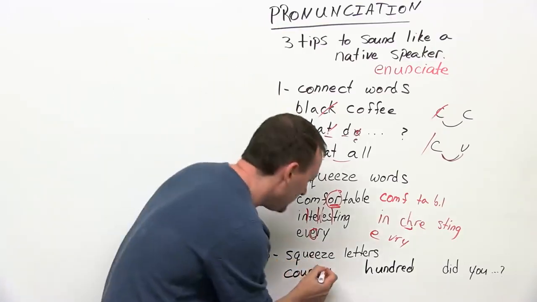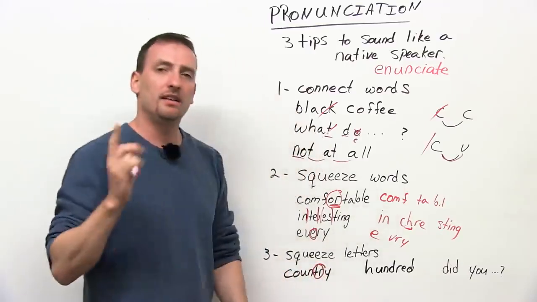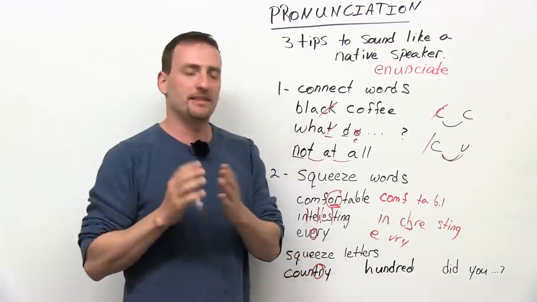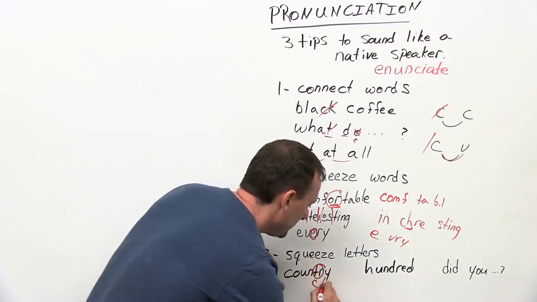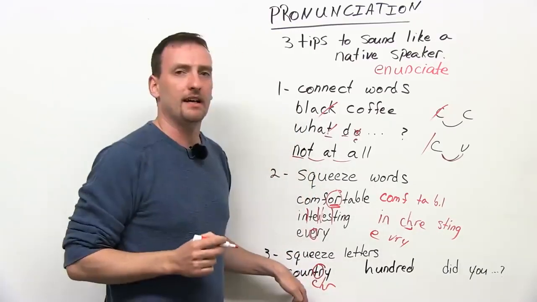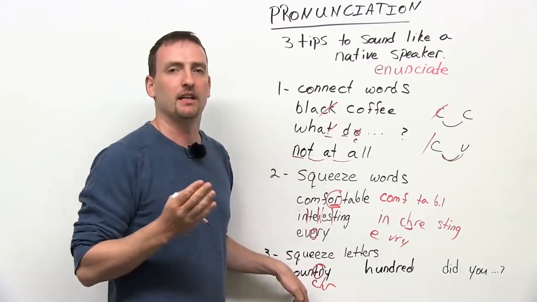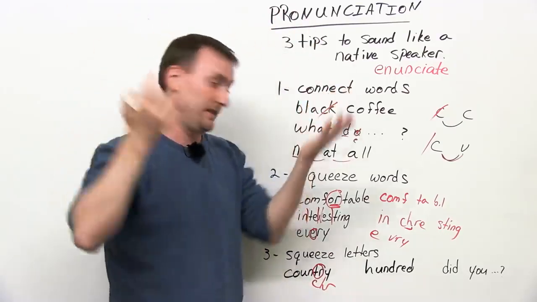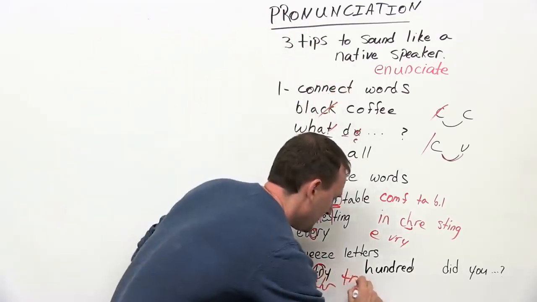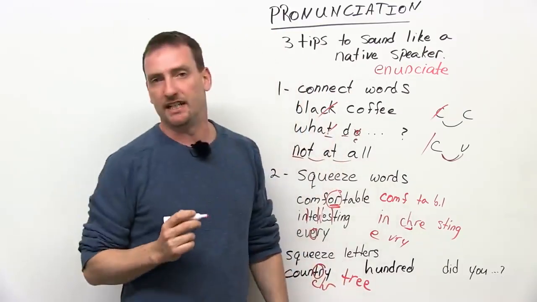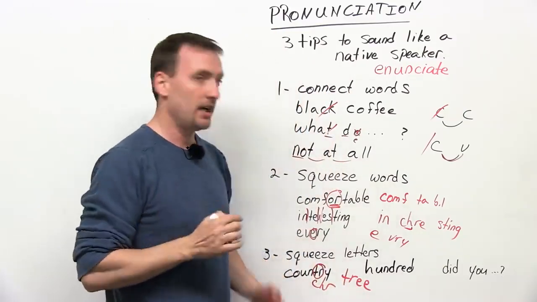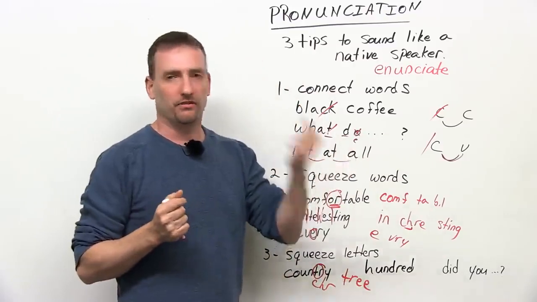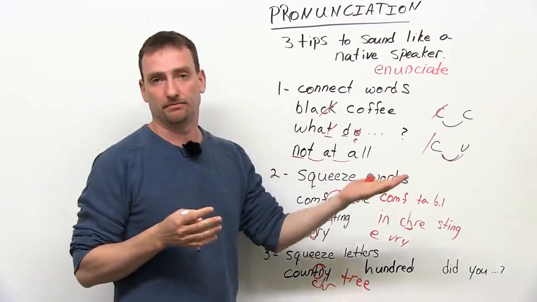When we have TR together, it usually sounds like CHR. So we don't say country. We say country. Like a tree that grows, but even a tree is tree. Okay? If you go out with your friends, you go out for a treat.